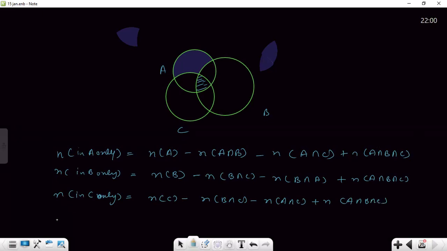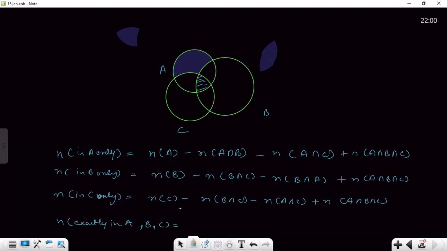Now let's find out the number of elements exactly in A, in B, and C. We'll add them all. Now we are adding all the three equations.